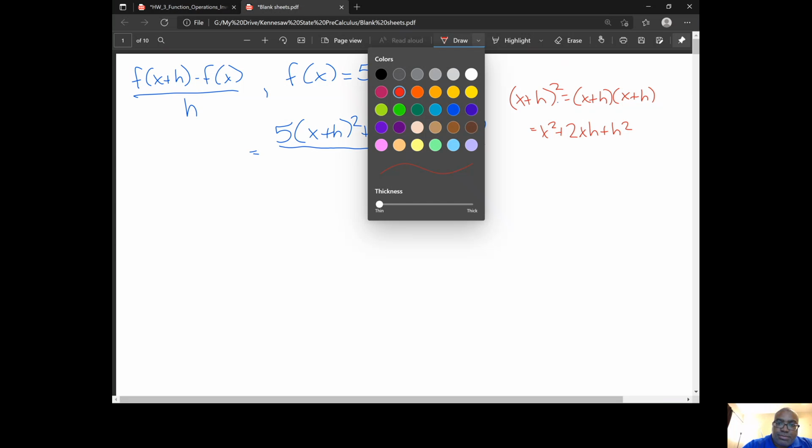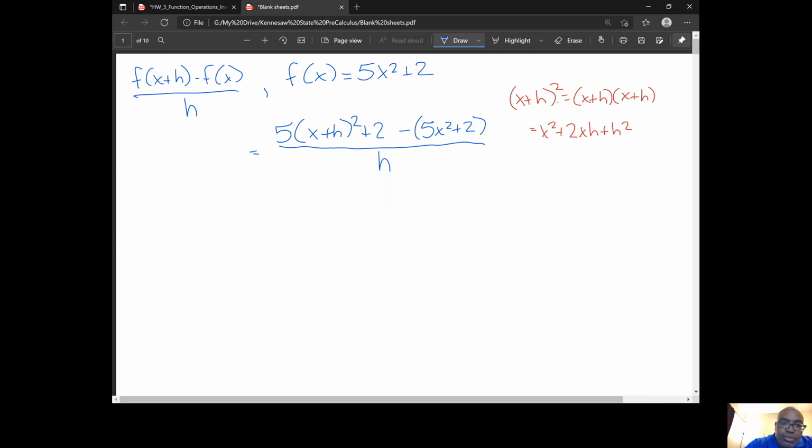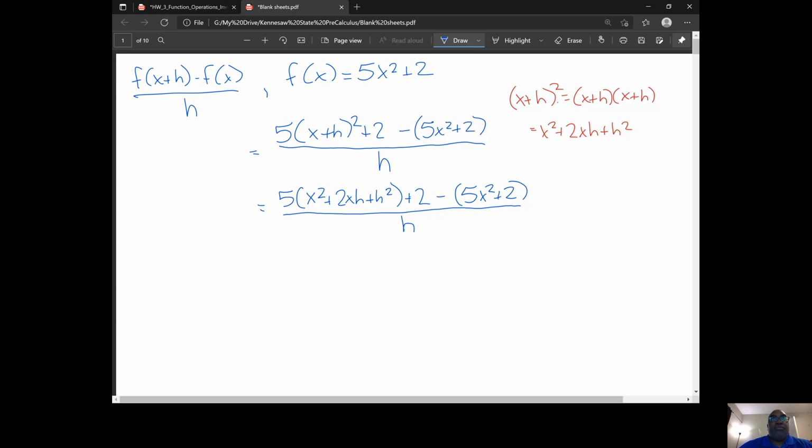So we have 5 times x squared plus 2xh plus h squared, plus 2, minus 5x squared plus 2, and that is all over h. Not quite an intermediate step, but kind of.